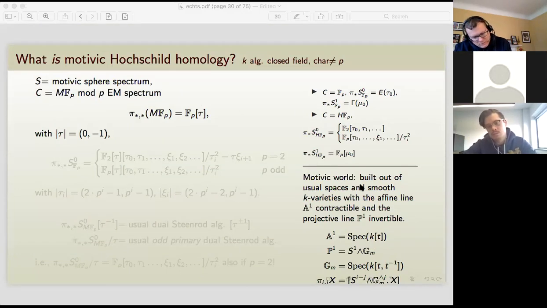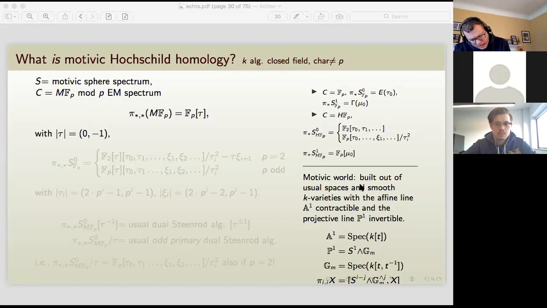So the Motivic world, to us, is very easy. In addition to having the usual cells that are built out of points and the empty space, you have affine varieties. And if you then demand that the affine line should be contractible, then you have Motivic spaces, and you put the right topology on everything, the Nisnevich topology.